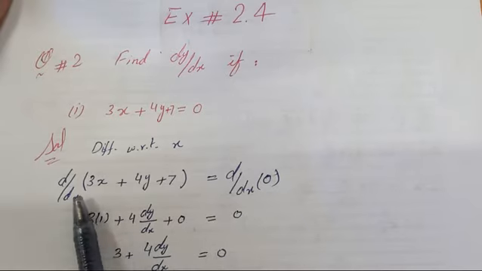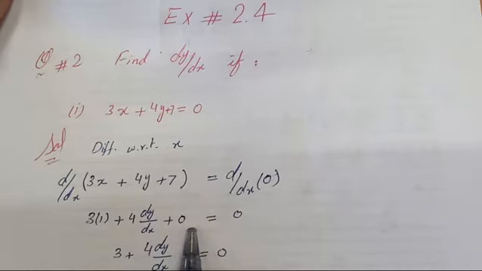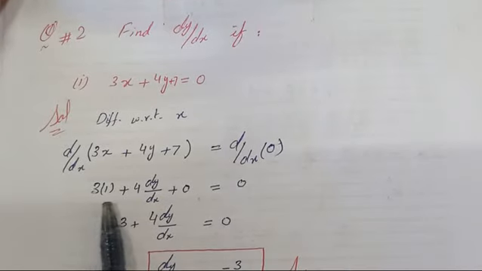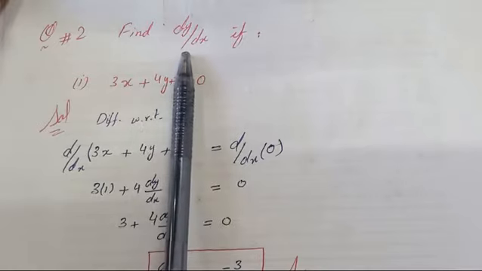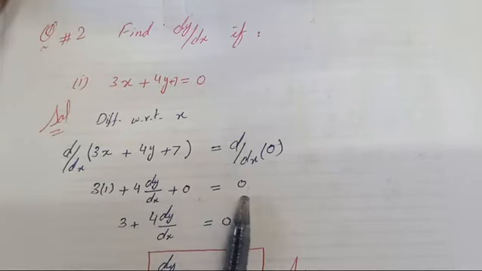The derivative of 7, a single constant, is always equal to 0, so that's why we have written 0 here. Next, 3 as it is, and we have to calculate dy over dx, so 4 dy over dx plus 0 is equal to 0.